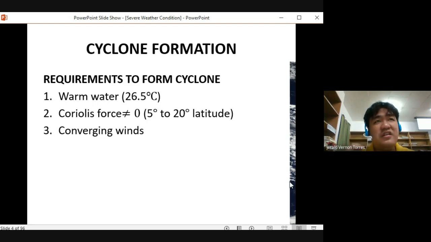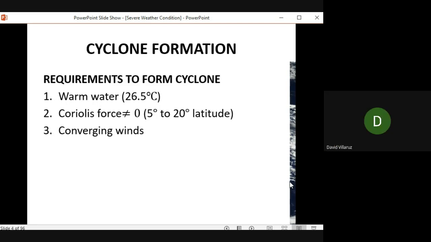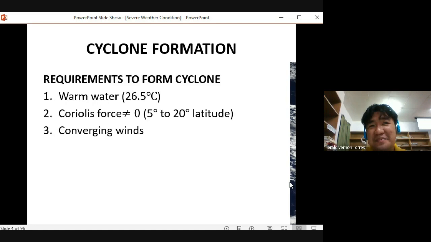Okay, actually you're talking about monsoon to be exact. But look, David, it says that to form a typhoon, cyclone, or hurricane you need warm water. So when is that? When does the water become warm? I forgot the term. What season, David? Winter season? No. Winter is cold, David. I said warm water.